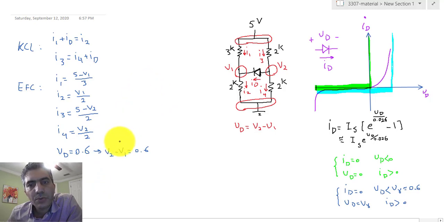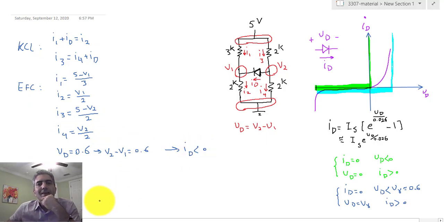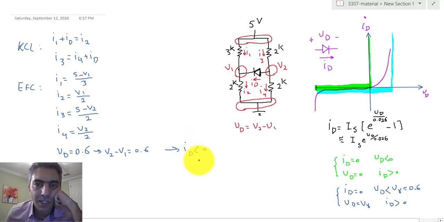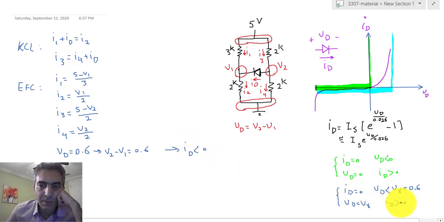Now I assure you, when you do that, you quickly realize that from this set of equations, ID turns out to be a negative number. And when you see that, then you look at this definition and you clearly know that the assumption that you made is incorrect.